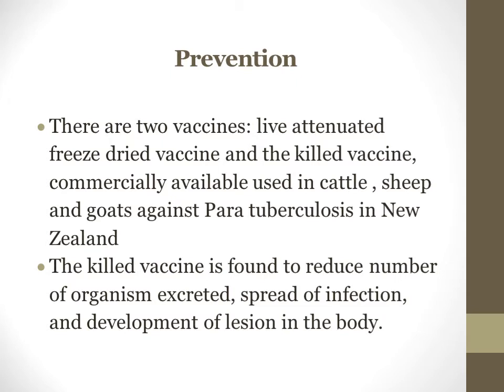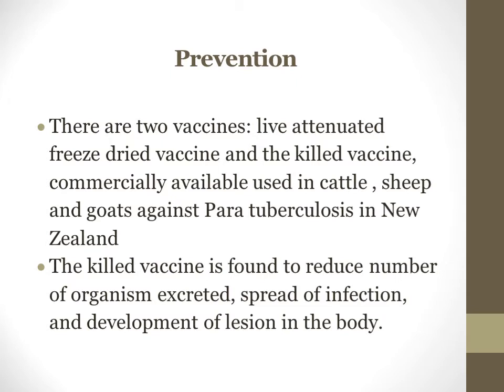The prevention: there are two vaccines, a live attenuated freeze dried vaccine and a killed vaccine. Both are commercially available and used in cattle, sheep, and goat against paratuberculosis in New Zealand, not in India. In India, we are not carrying out any vaccination.